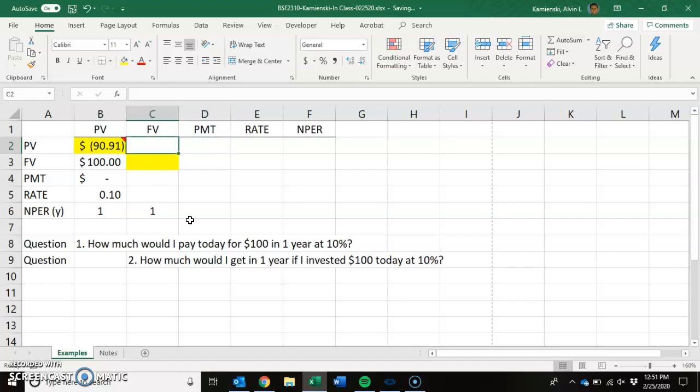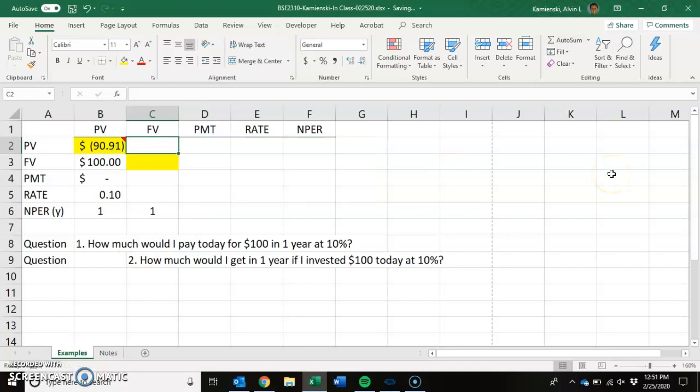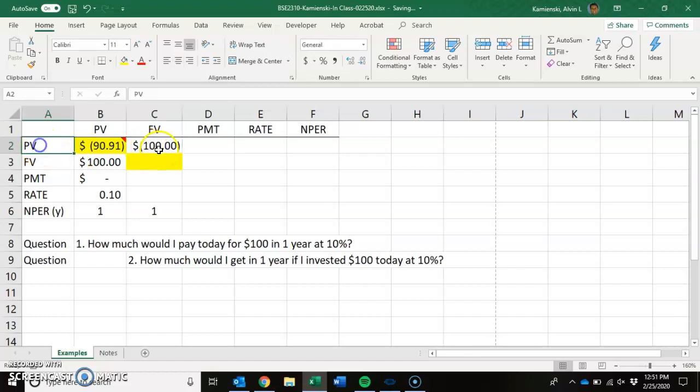Next big thing I have to remember is Excel thinks of cash flows out as negatives, so my present value would be negative 100 in this second question. Because I'm investing, I'm giving you money today. So money that comes out of my pocket. I expect to get money back then at some point in time.